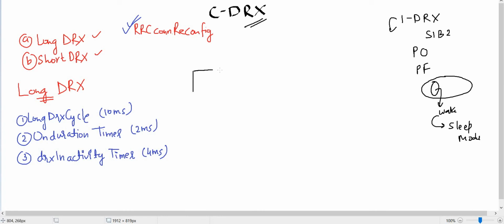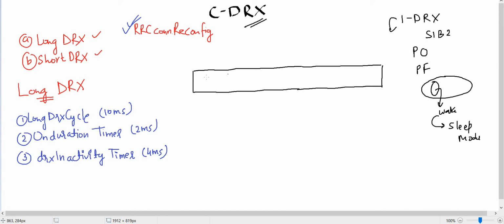Let's consider that the UE is in RRC connected mode, because these long and short DRX will only work when the UE is in connected mode. So this is an LTE radio frame: 1 2 3 4 5 6 7 8 9 10.